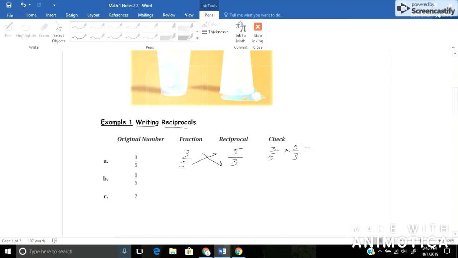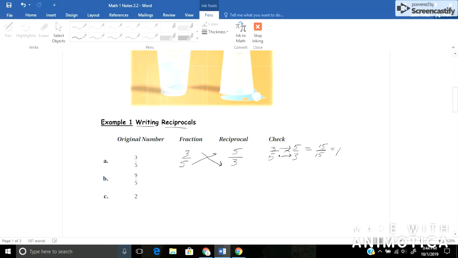Well, 3 times 5 on top, we just got done multiplying fractions. Top times top would give us 15. And bottom times bottom, 5 times 3 would be 15. Well, anything divided by itself is equal to 1. So that's why you can see the reciprocal of a number, its product is 1, because when you multiply them, you get an answer of 1.